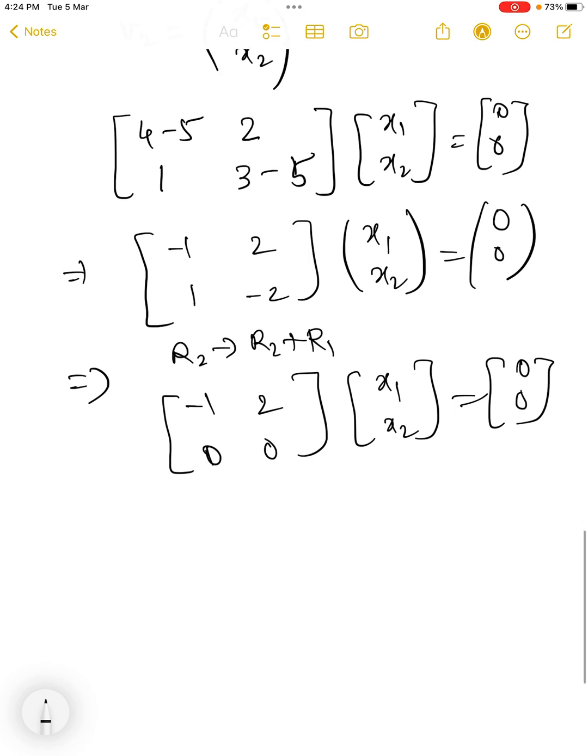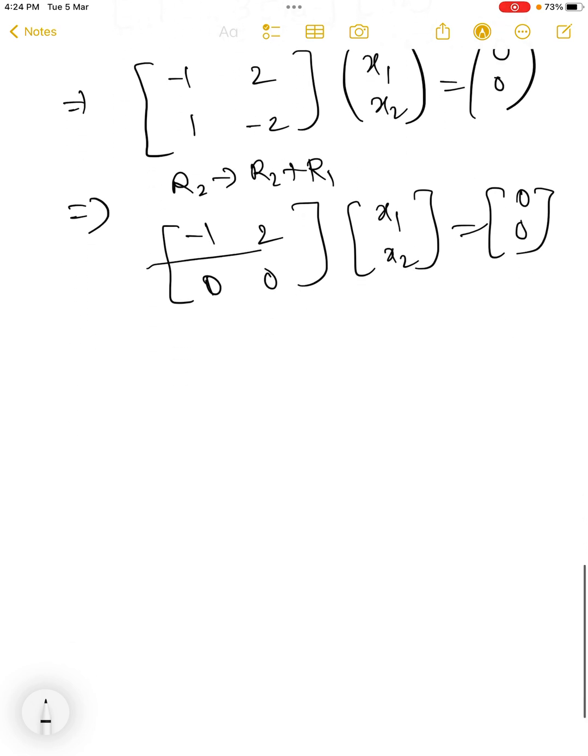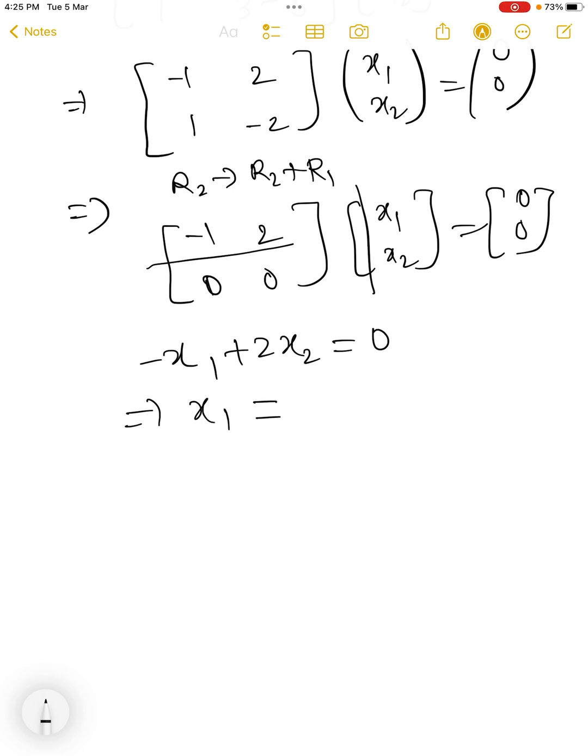Now we multiply this row with this column, we get minus x1 plus 2x2 equal to 0, so you bring x2 in the form of x1 or x1 in the form of x2.